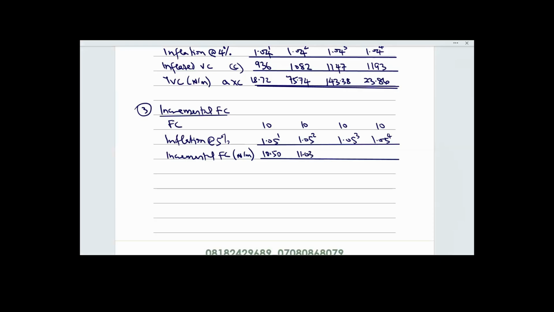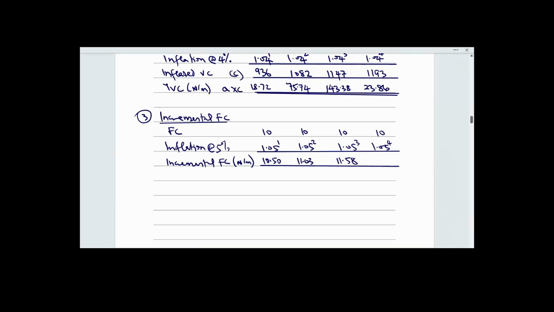Then year 3 will be 1.05 raised to power 3, then multiply by 10 equals 11.57625, so that will be 11.58.